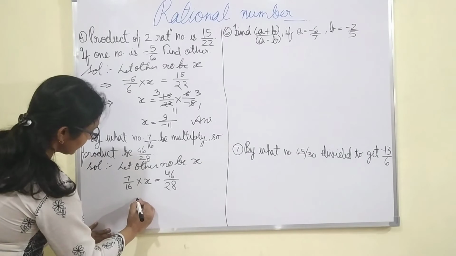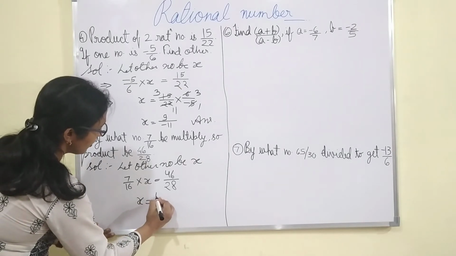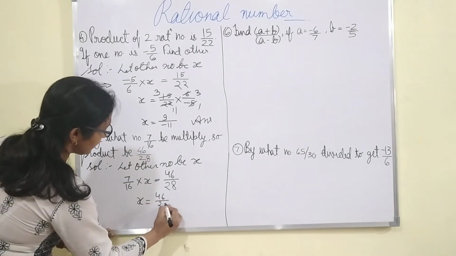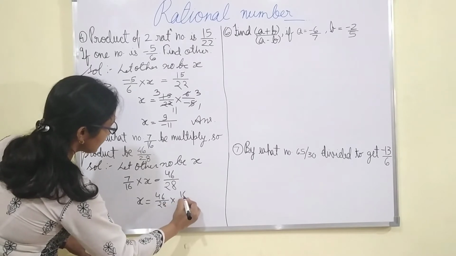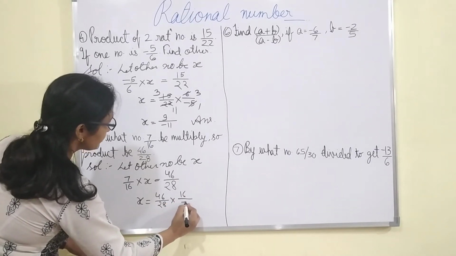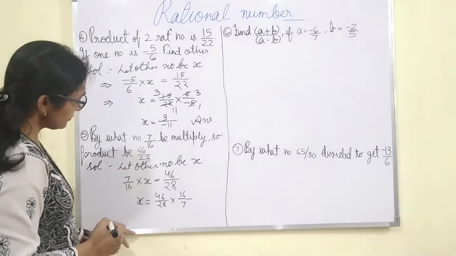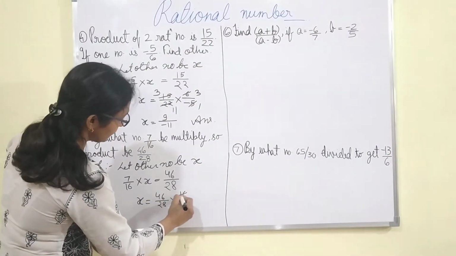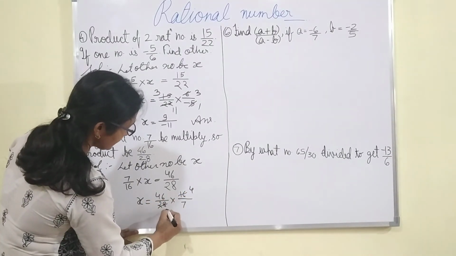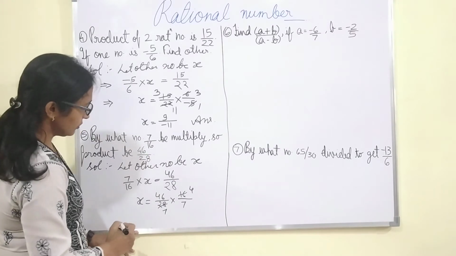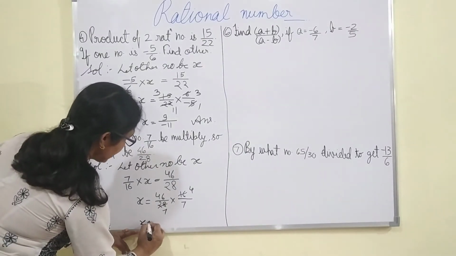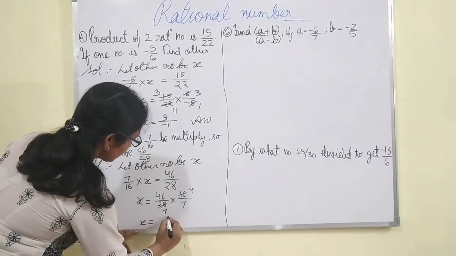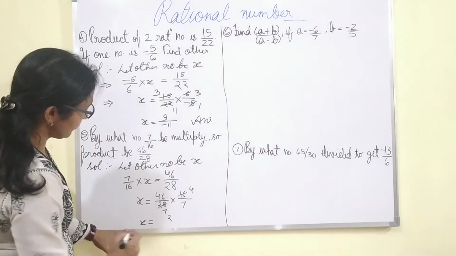Okay. So 46 upon 28 into 16 upon 7. 4 fours are 16, 4 sevens are 28. So the value of x will become 4 sixes are 24.